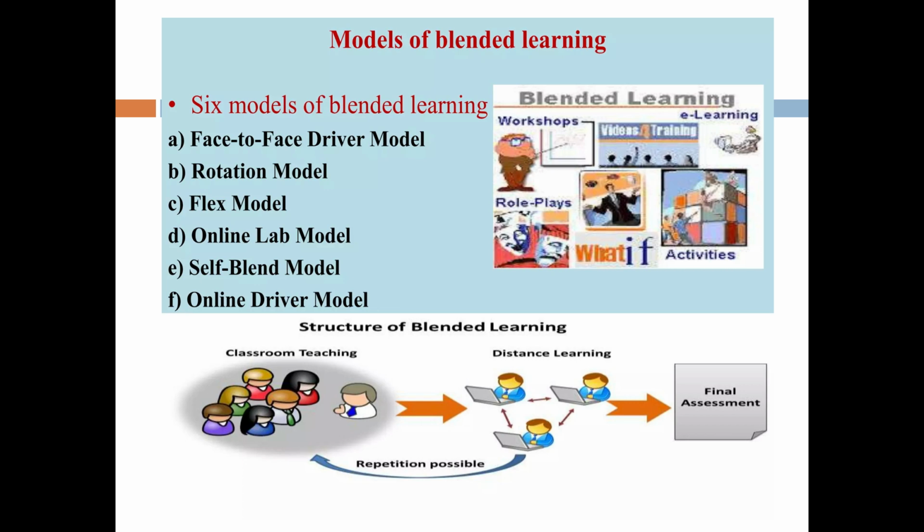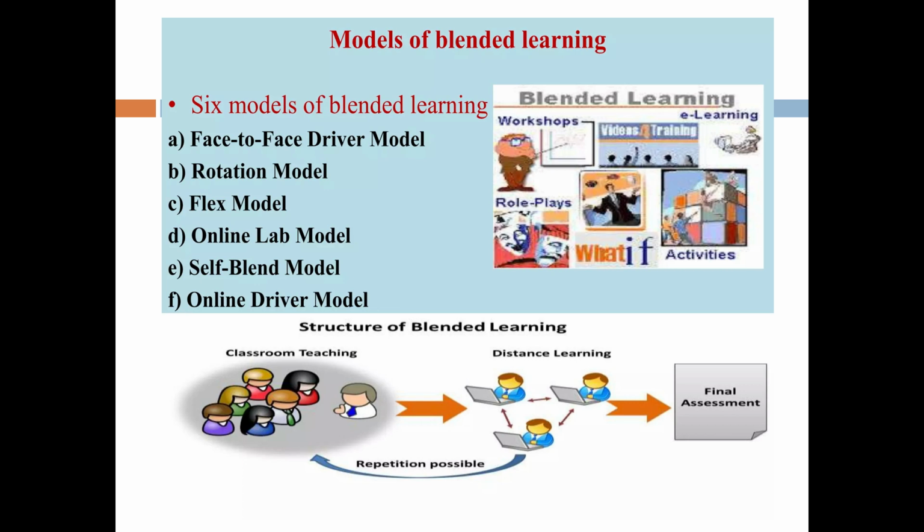The third one, the flex model. In this model, the students have more control over their learning pace and content. They often work independently on online lessons and seek help from teachers as needed. The next, the online lab model.